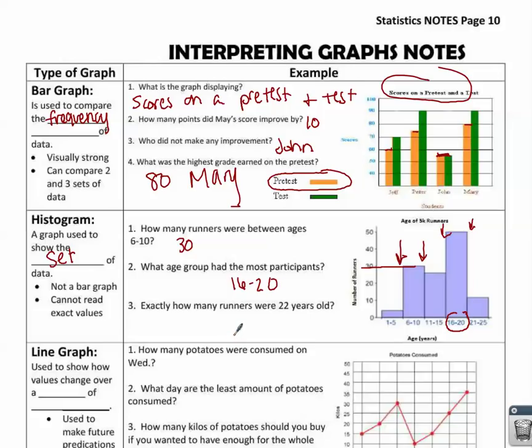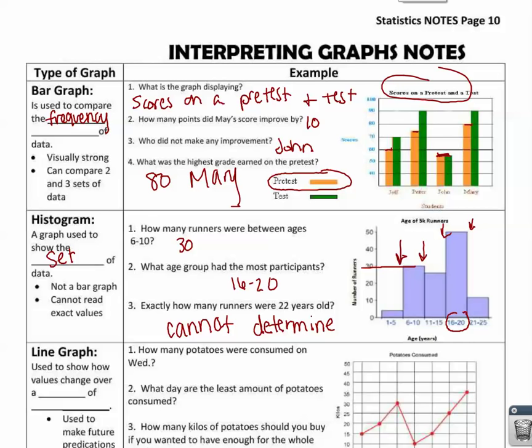And exactly how many runners were 22 years old? So 22 years old will be in this last interval, but you don't have enough information to be able to determine that, because it doesn't break it up specifically by ages in that manner.